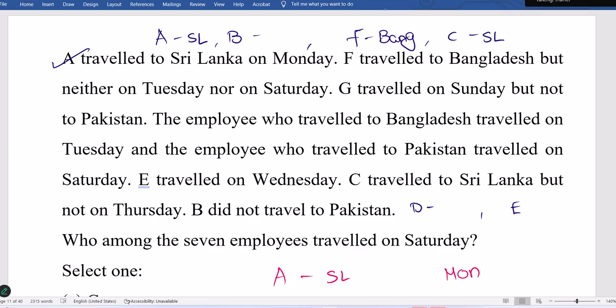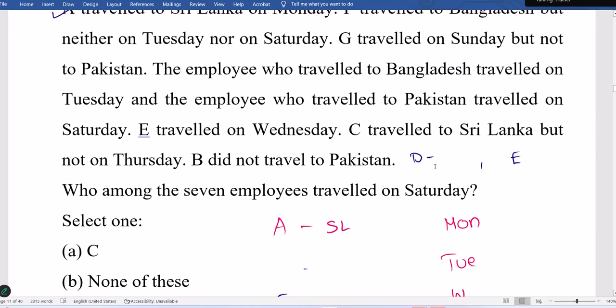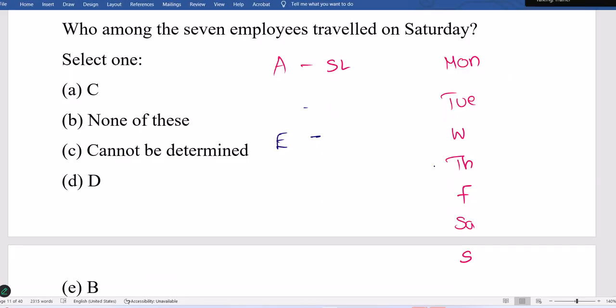G traveled on Sunday but not to Pakistan. The employee who traveled to Bangladesh traveled on Tuesday. So Tuesday, Bangladesh. Travel to Pakistan, Saturday. So Pakistan Saturday, Tuesday Bangladesh.